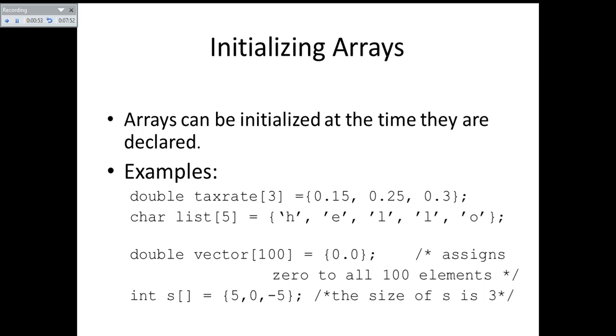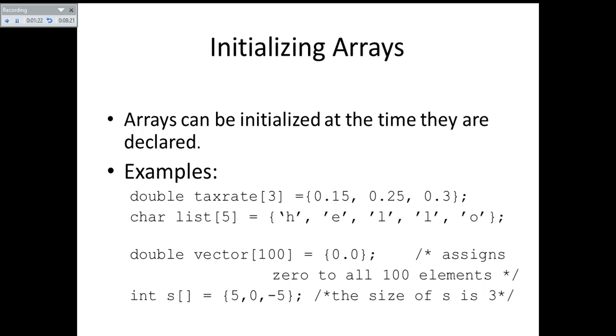char list[5] = {'H','E','L','L','O'}. So you are going to declare your array. The array is list, the type is character, and its size is 5. It is a character array whose size is 5, and the name of the array is list, and it is initialized with the characters HELLO. There is one simple point that we have to remember while doing the initialization for double, float, and integers.